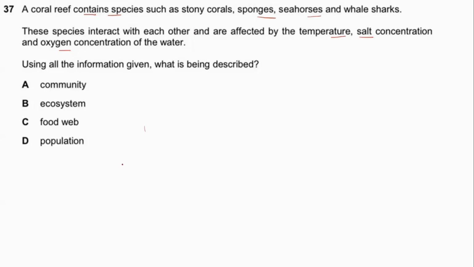Now see, here you can see that biotic factors are involved. Biotic means living factors. So biotic factors are all these living organisms, the corals, sponges, etc. All of them which are mentioned in the question are biotic.